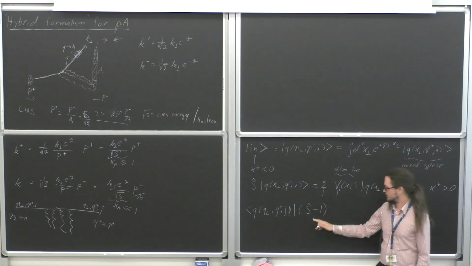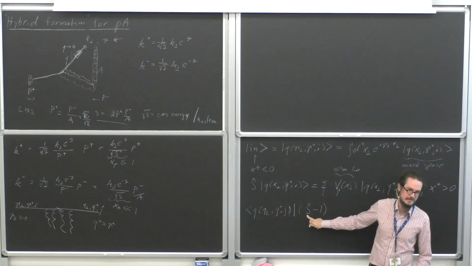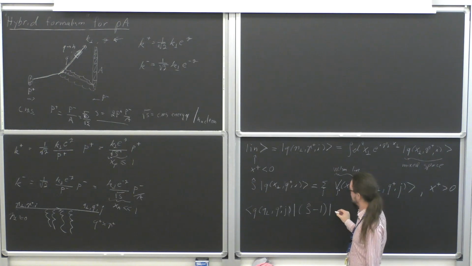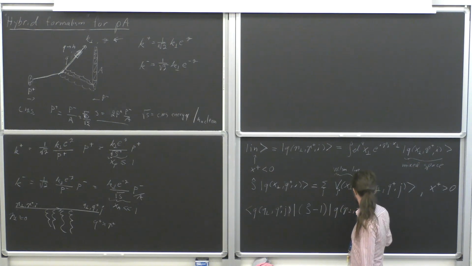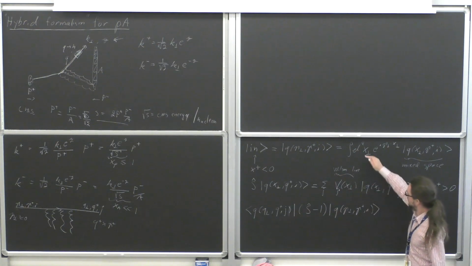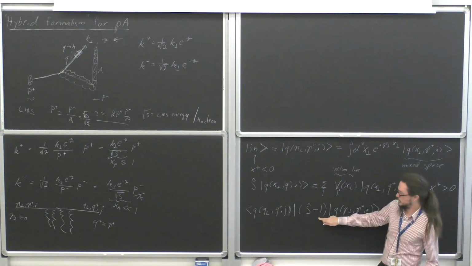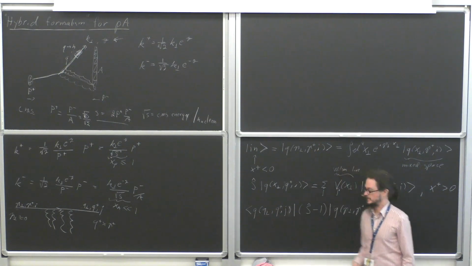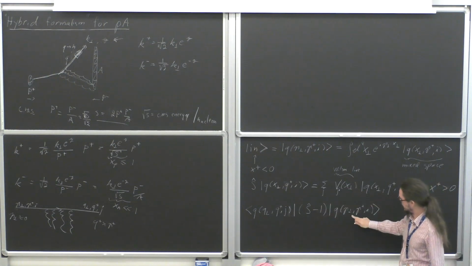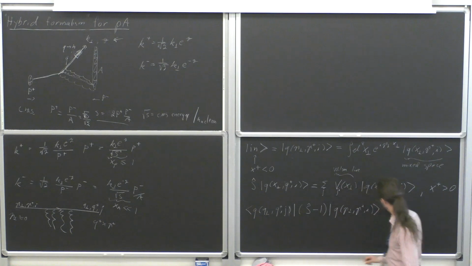When nothing happens, this S hat is identity, so I subtract 1. And then I take my incoming state, p perp, p plus, and i. So this combination, my incoming state, scattering operator minus 1, and then projected out, is going to be my scattering amplitude for this process, with p perp coming in and q perp going out.